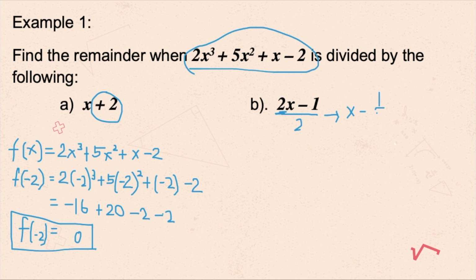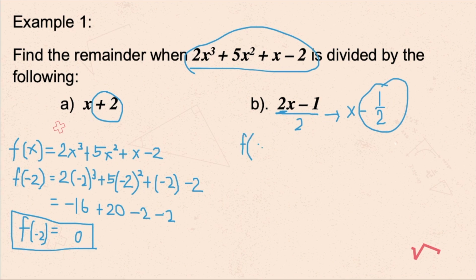So this will be x minus 1 half, which means we're going to get the positive of the constant, which is negative 1 half.